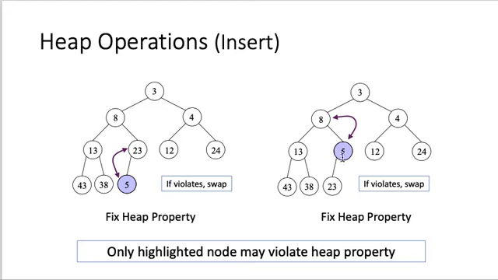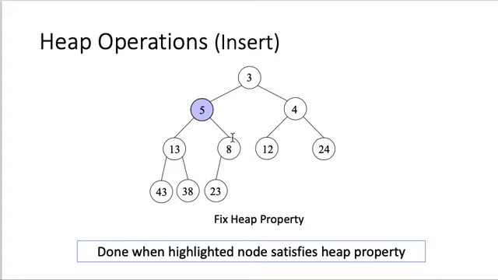What we are going to do next is further compare this highlighted node with the parent. And the parent is still larger. So in that case, they are not in the correct order. So we will perform another swap. We will swap 5 and 8 so that we get this case.